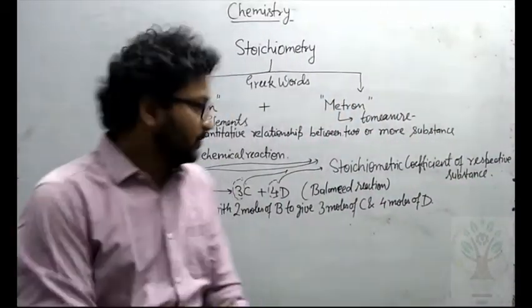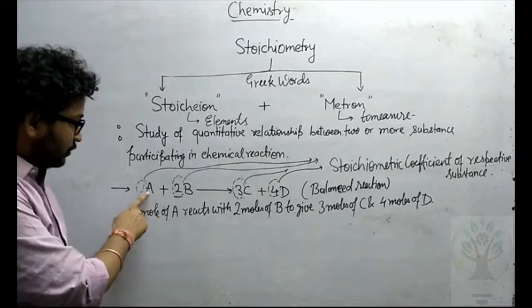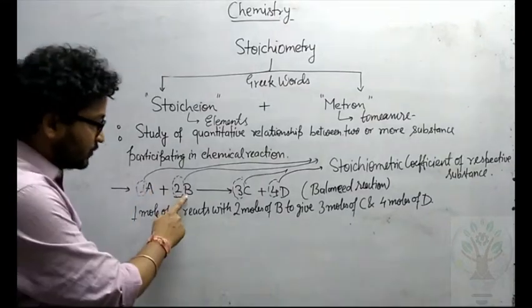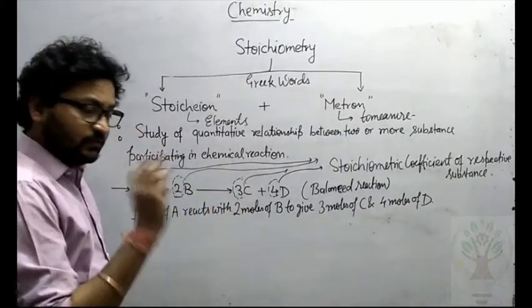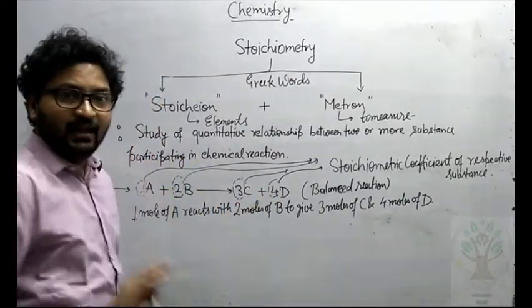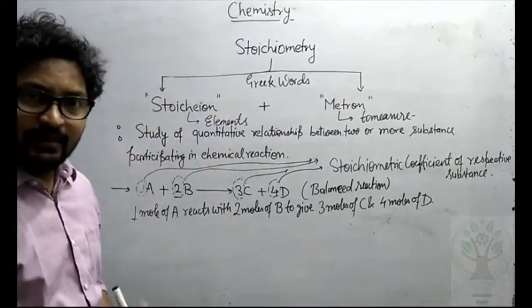What is the stoichiometric coefficient of A? It is 1. Of B? 2. Of C? 3. Of D? 4. Is this clear?